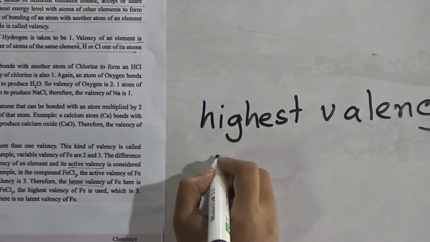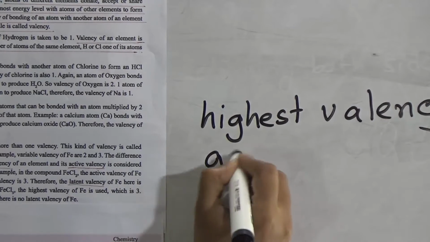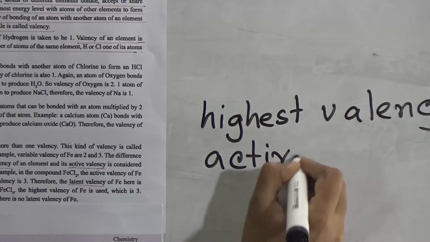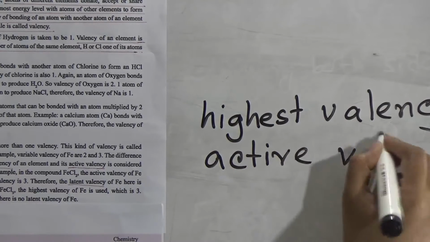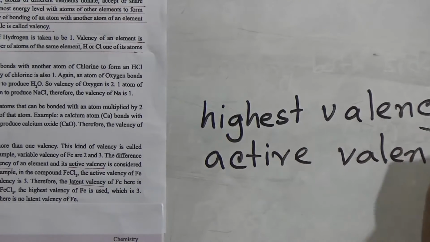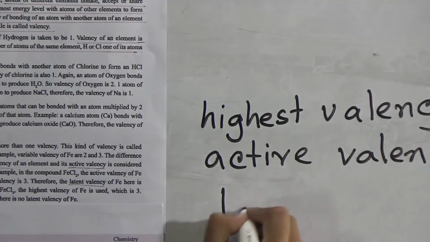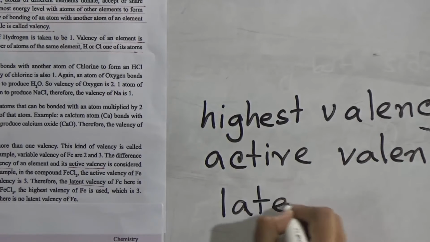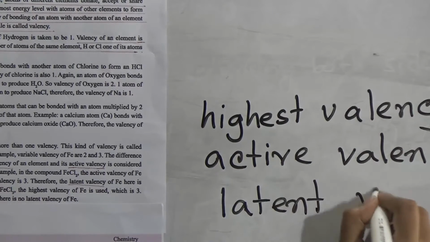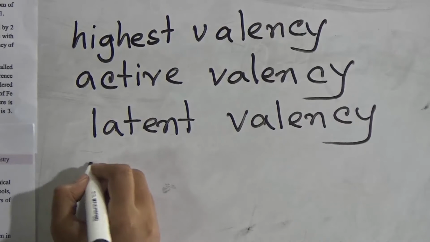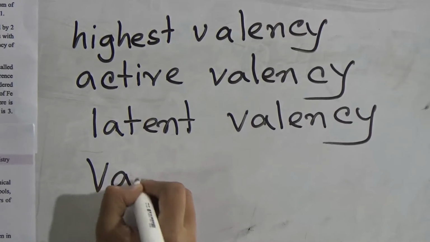Second one is active valency. Third one is latent valency. And last one is variable valency.